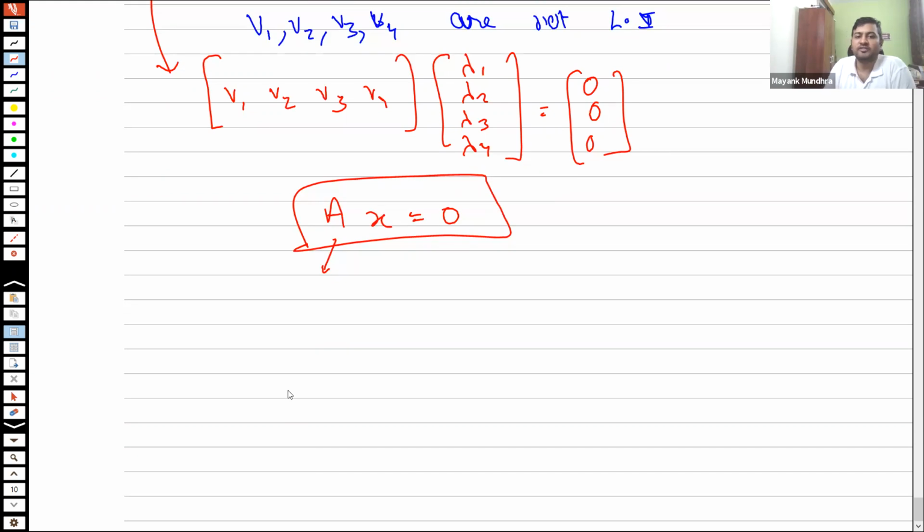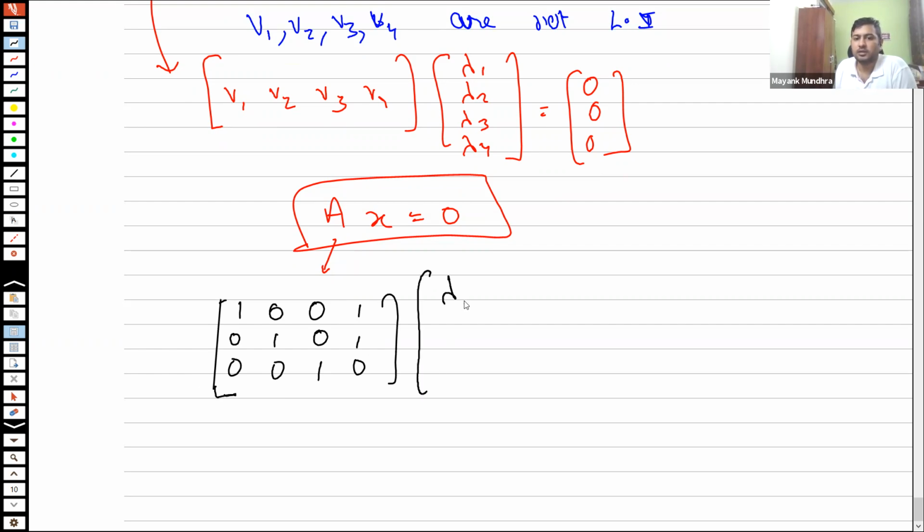Okay, so if I generate this A as 1, 0, 0, 0, 1, 0, 0, 0, 1, and 1, 1, 0 times lambda 1, lambda 2, lambda 3, lambda 4, it is equal to 0, 0, 0.